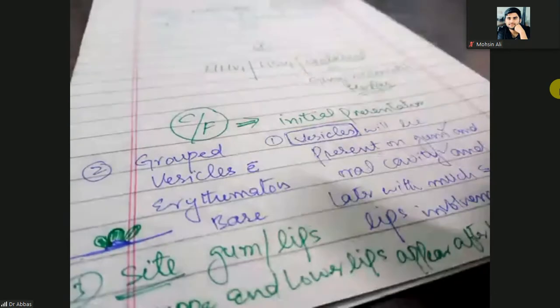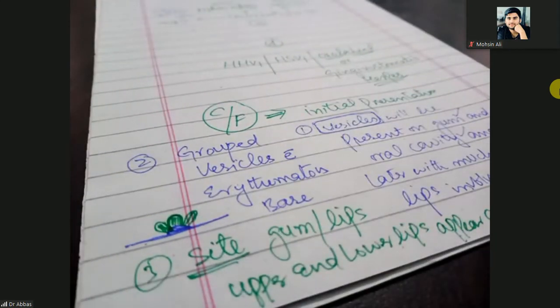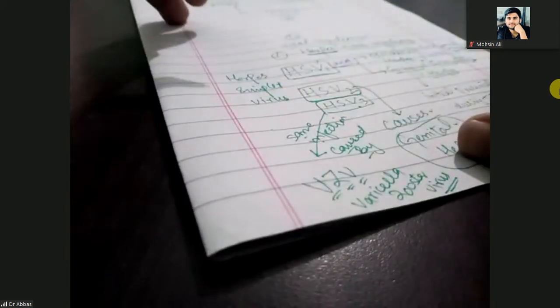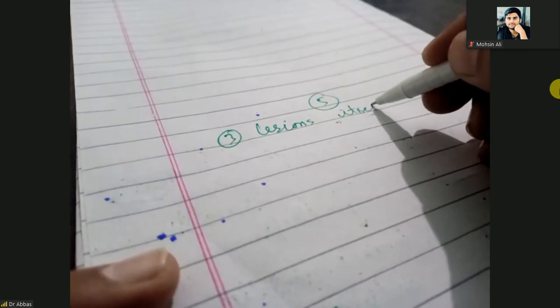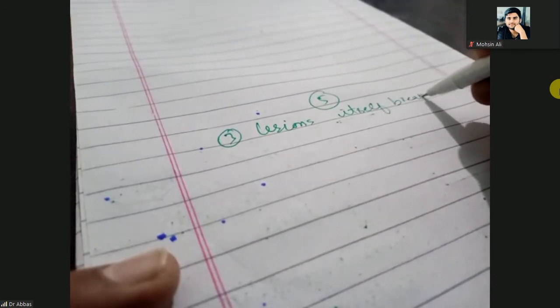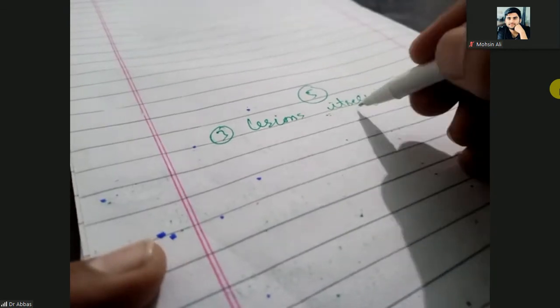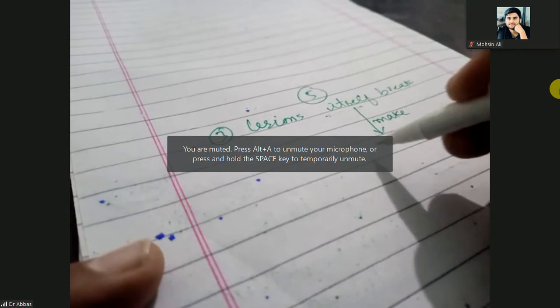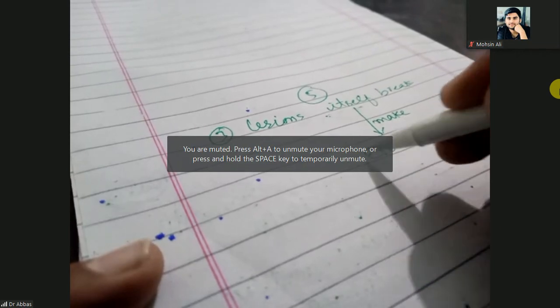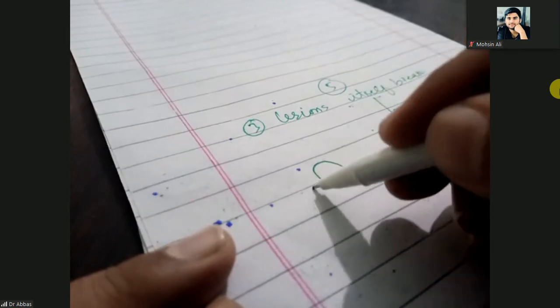Then these lesions, which are present on the gums and lips, break on their own. This is the third clinical presentation: the lesions themselves break, rupture, and leave erosions. Look here, this is the lesion with the erythematous base.